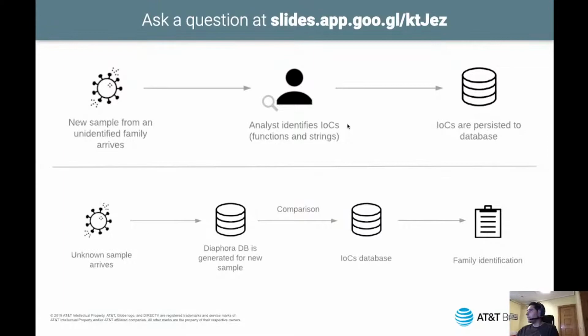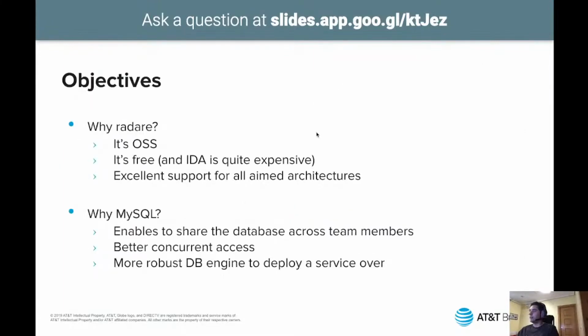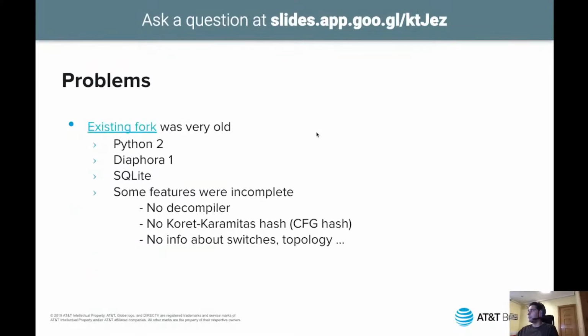Also, if the project were to be successful, we wanted to build web services on top, and web services have worker threads that access the database. That kind of database engines are more robust for concurrent access and that kind of usage.